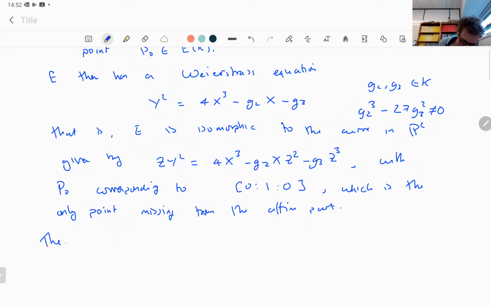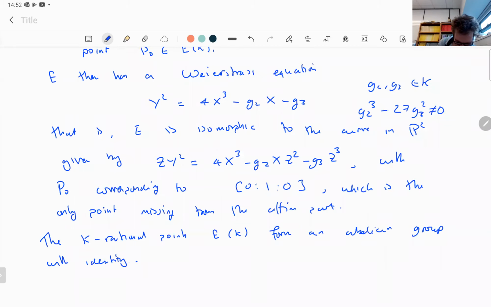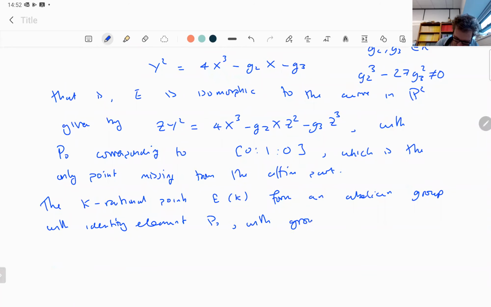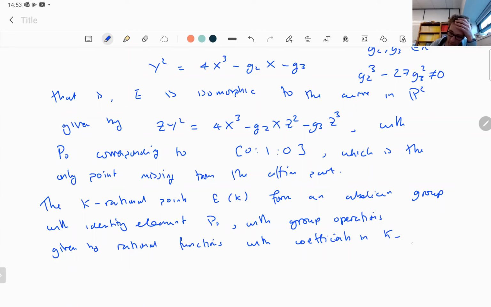So the K-rational points E(K) form an abelian group, and this P0 is the zero, the identity element of that group, with group operations given by rational functions with coefficients in K. The group structure is given by the chord and tangent process.